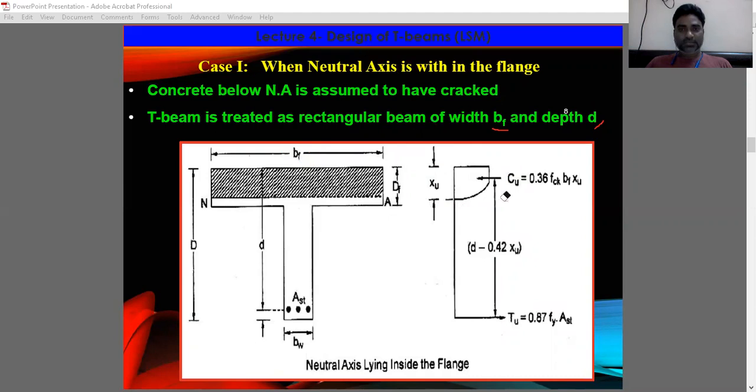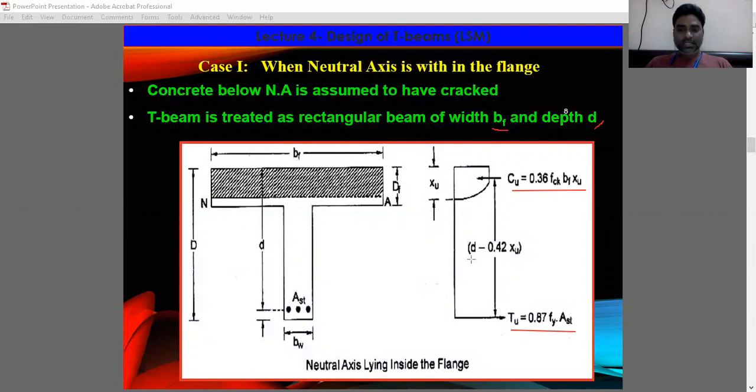So here the compressive force is Cu equal to 0.36 fck into bf into xu, where bf is the effective width of the flange, fck is the strength of the concrete and xu is the actual depth of the neutral axis. And the tension force is Tu equal to 0.87 fy into Ast, where fy is the yield strength of the steel and Ast is the area of tension reinforcement, right?